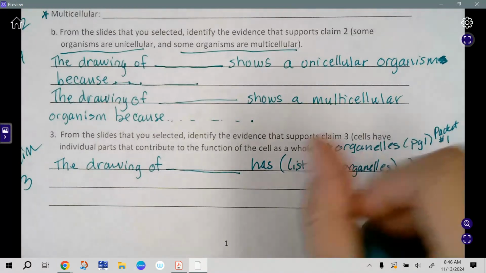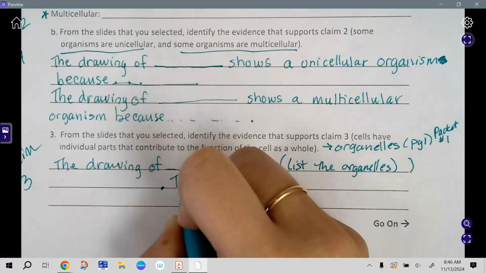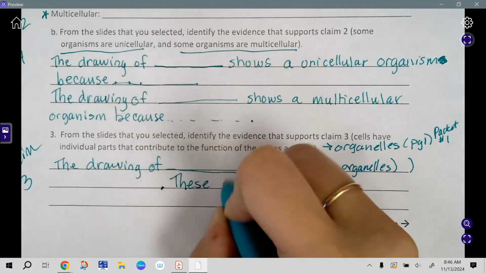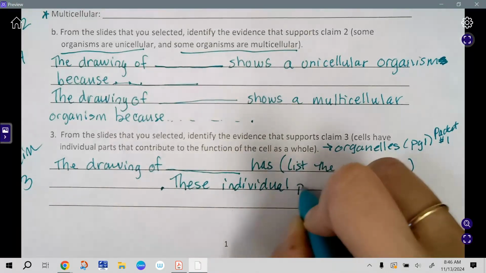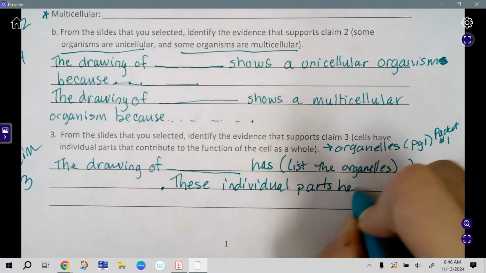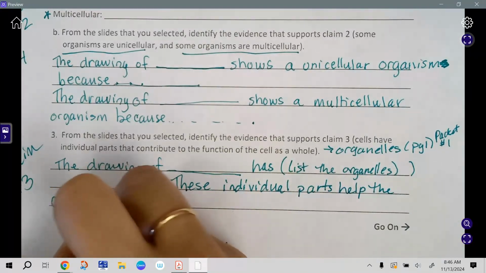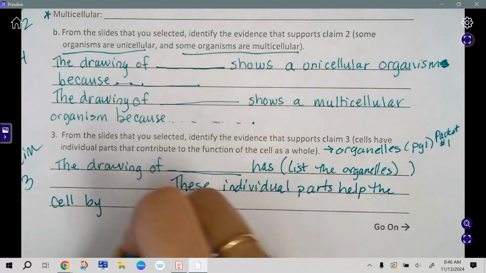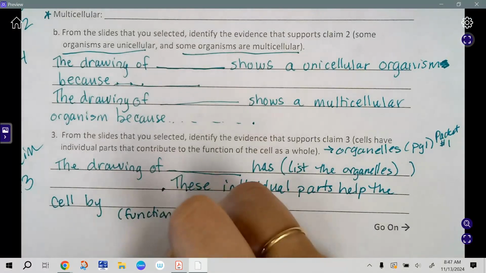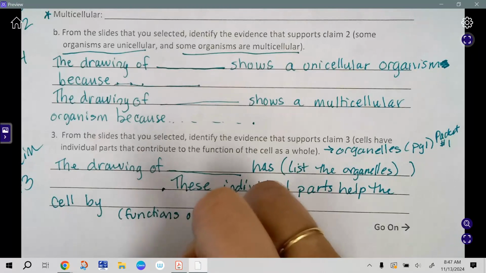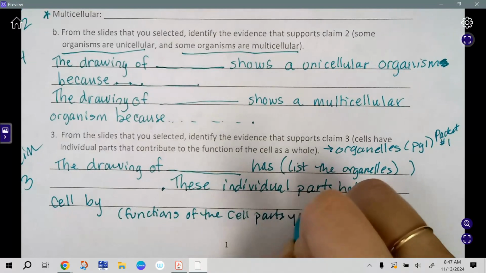All right, and then after you've listed all of them, you're going to tell me these individual parts help the cell by, and you're going to tell me some of the functions or jobs of the cell parts you listed.